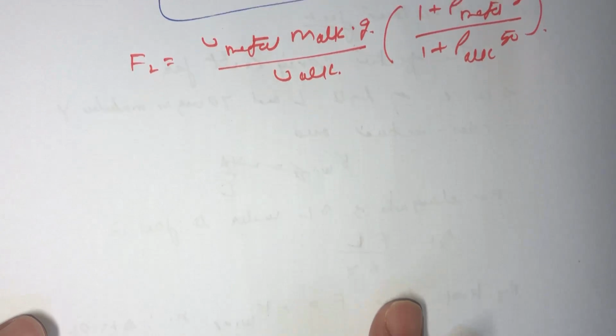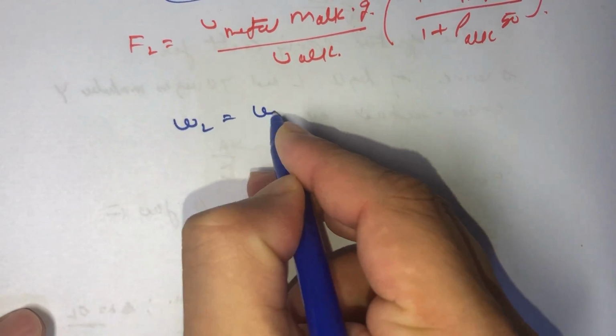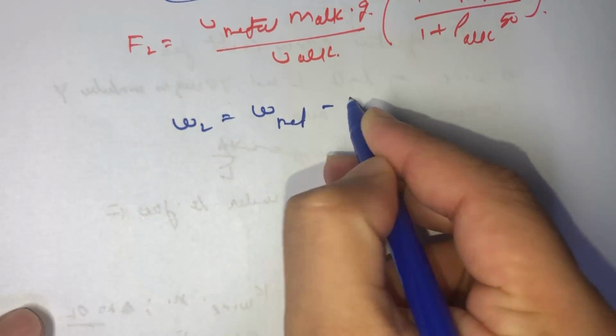Therefore, we can say that our W2 is equal to W metal minus F2.